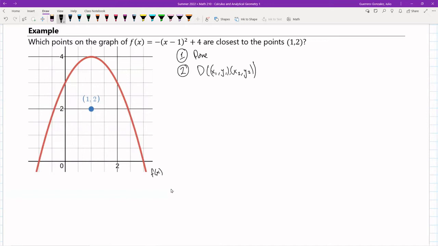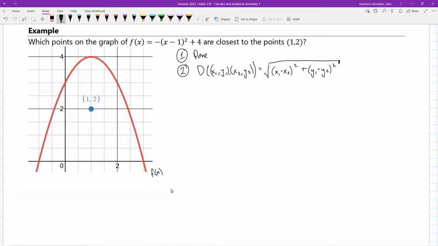Then the distance between the 2 points is going to be the square root of x1 minus x2 squared plus y1 minus y2 squared. This is basically the Pythagorean theorem. This is an equation from high school geometry: if you have 2 points, x1, y1 and x2, y2, the distance between those 2 points is given by this equation right here.